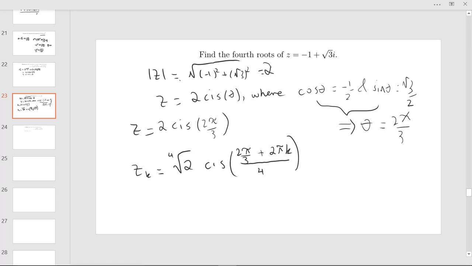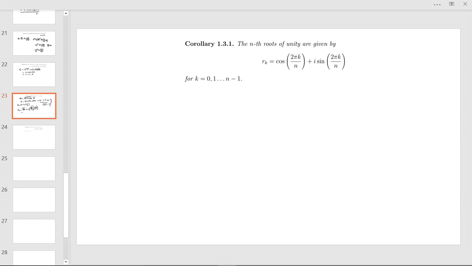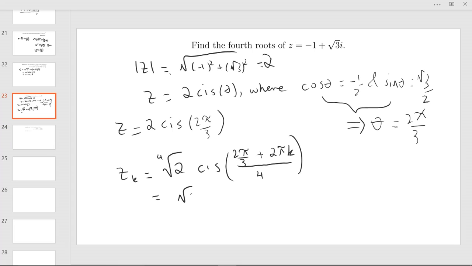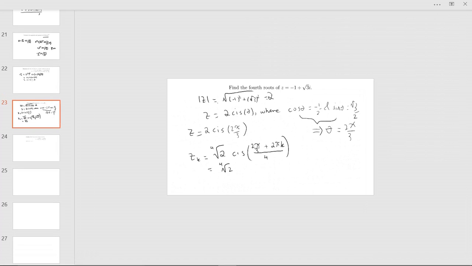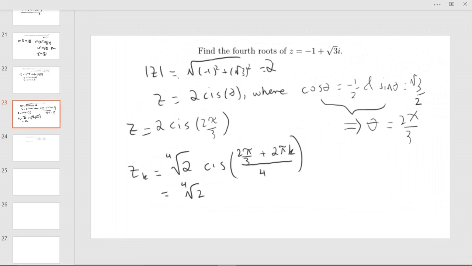And now we test this for k equal to 0, 1, 2, and 3. We can simplify this further to get the fourth root of 2 times cis of (pi over 6 plus pi k over 2). And from this we can just plug in our values of k and find the fourth roots.